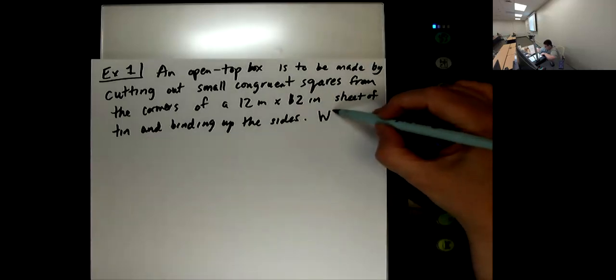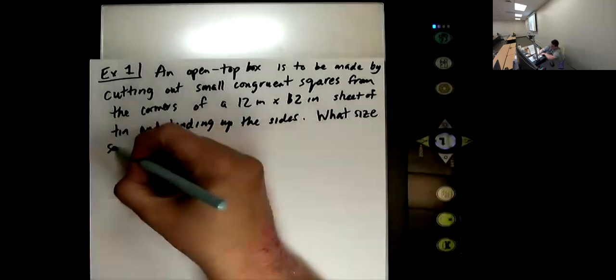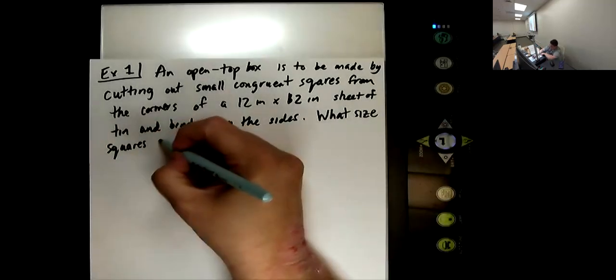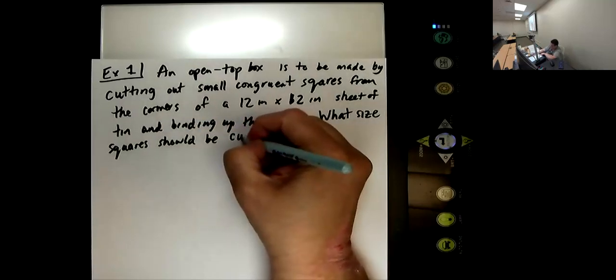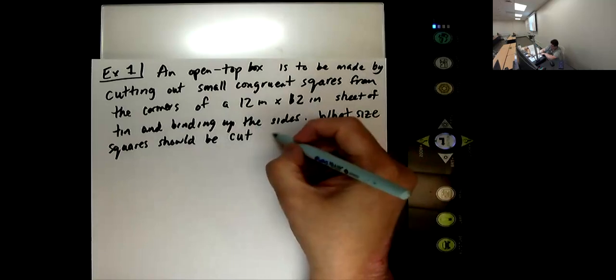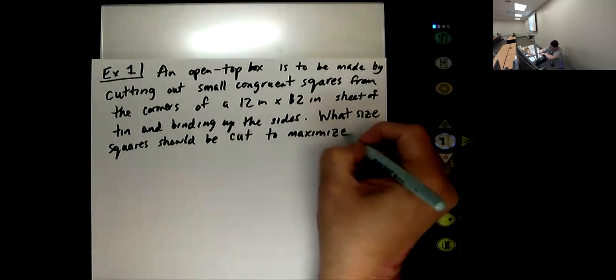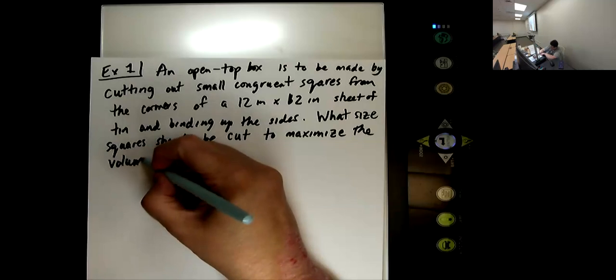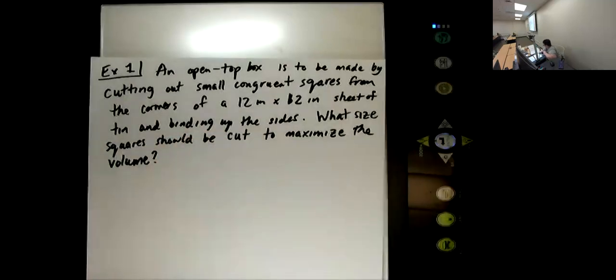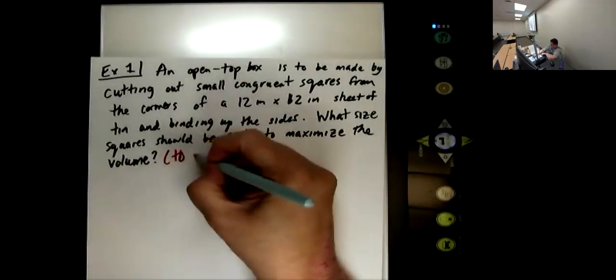What size squares should be cut to maximize the volume? The problem says to make the box hold as much as possible.